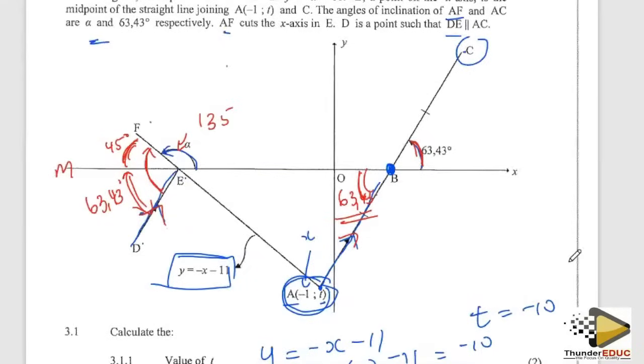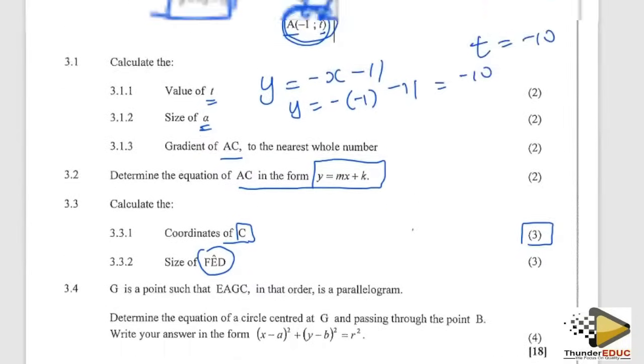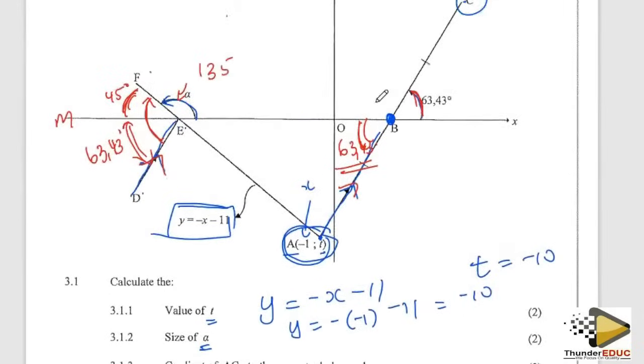Then 3.4. J is a point such that EAGC is a parallelogram. So if EAGC is a parallelogram, which means EG must be a diagonal.